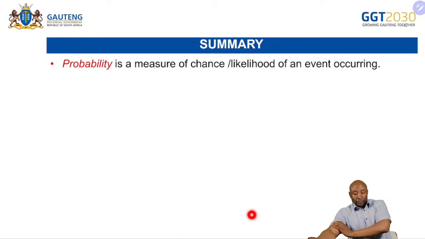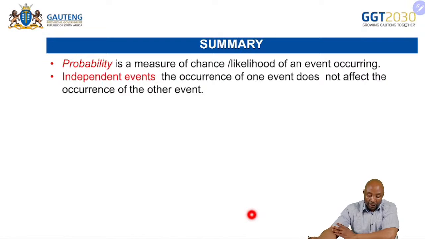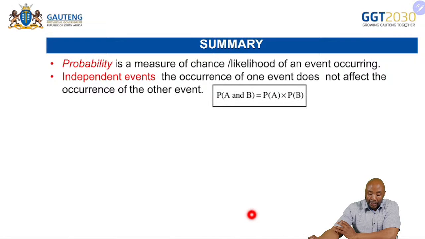Now, the definition of probability is a measure of chance or likelihood of an event happening. Independent events, we saw that the occurrence of one event has no influence on the occurrence of the next event. And we know that for independent events, we use the product rule.